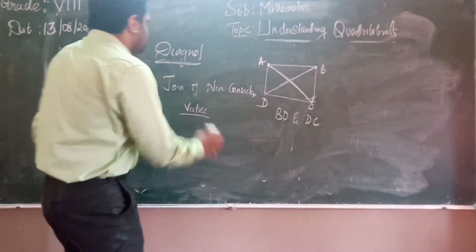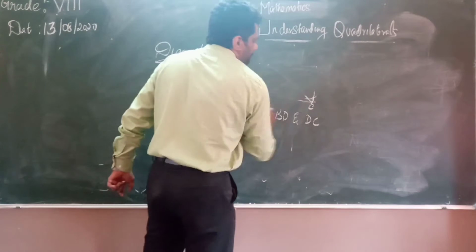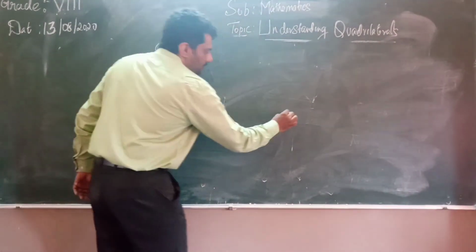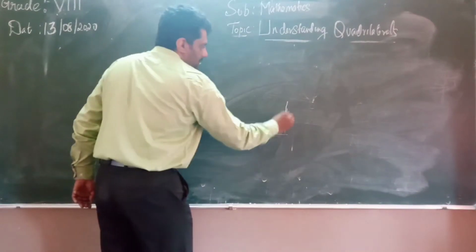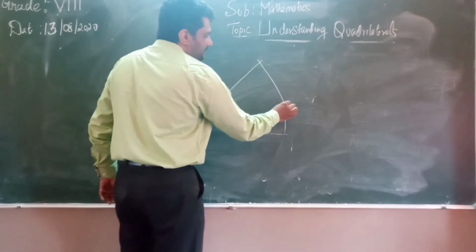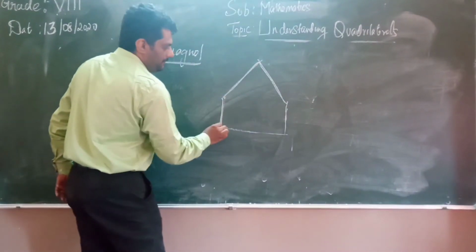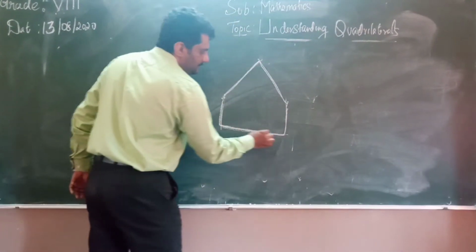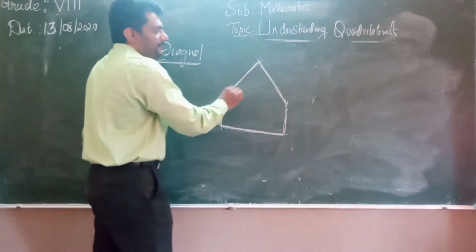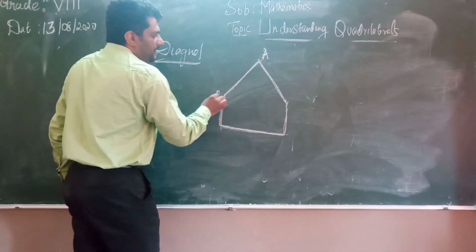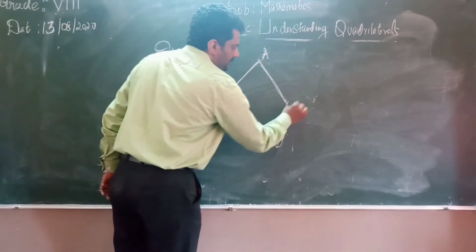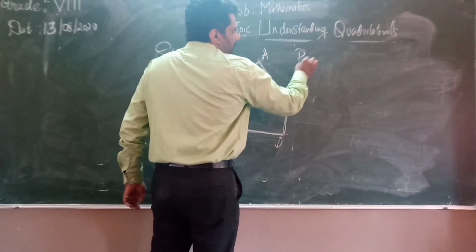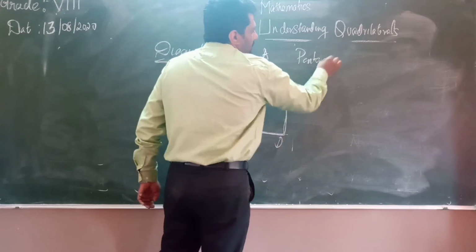Let's try in a different polygon. Now what do you call this? How many sides do we have here? 1, 2, 3, 4, 5. A, B, C, D, E. 5 sides is called a pentagon.